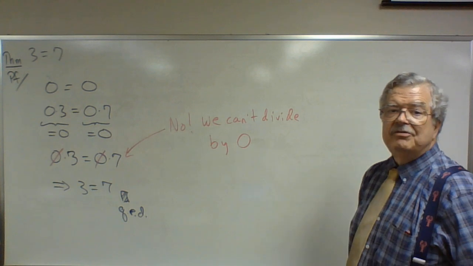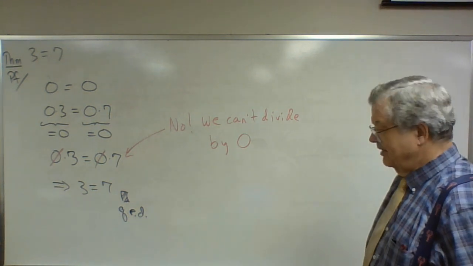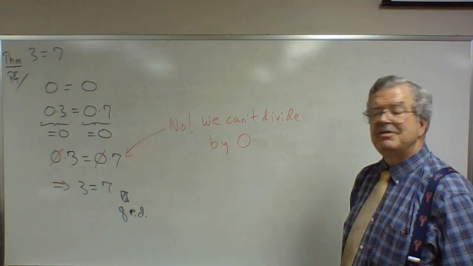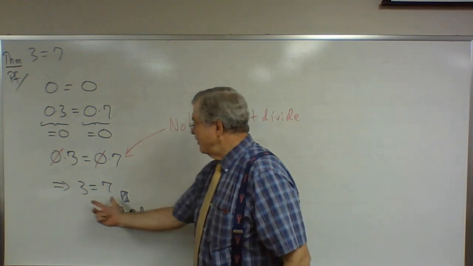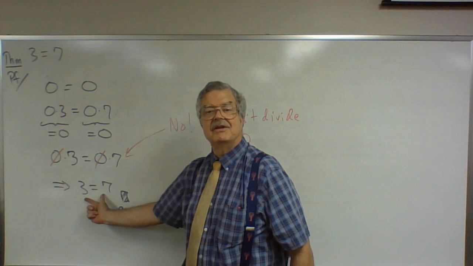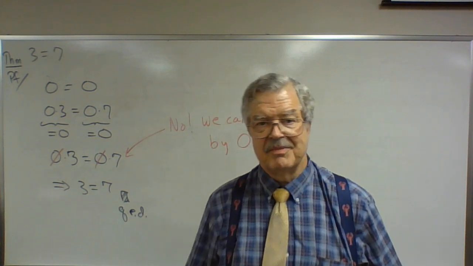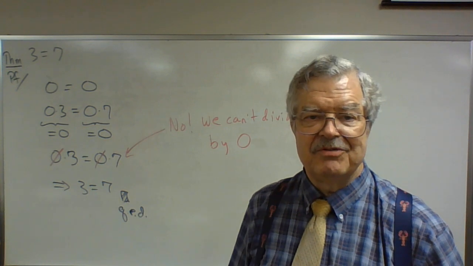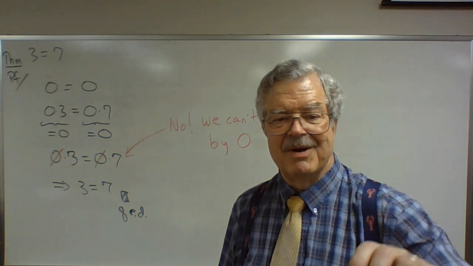You can't divide both sides of an equation by 0. If we could, that would really empower us to prove a lot of things that are absolutely false. We cannot divide by 0. We cannot divide both sides of an equation by 0.